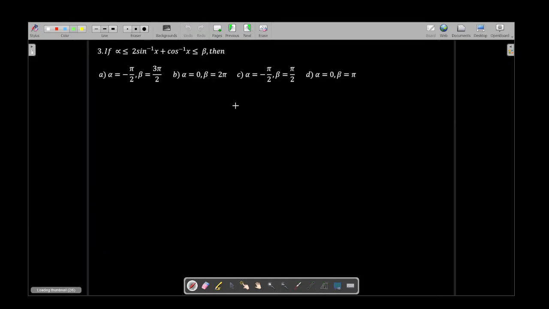Let's move on to the next problem. Okay, this is an interesting problem. So we have alpha less than or equal to 2 sine inverse of x plus cos inverse of x less than or equal to beta. We need to find the value of alpha and beta.